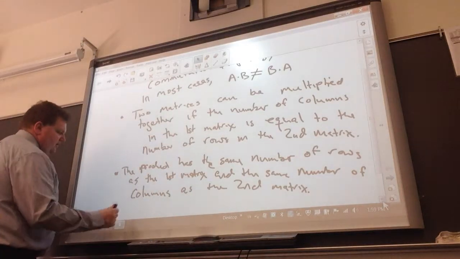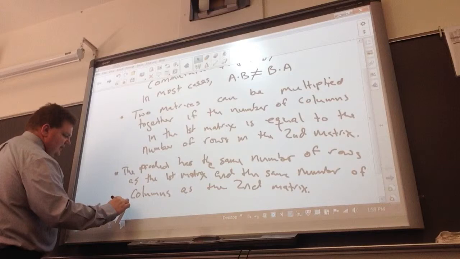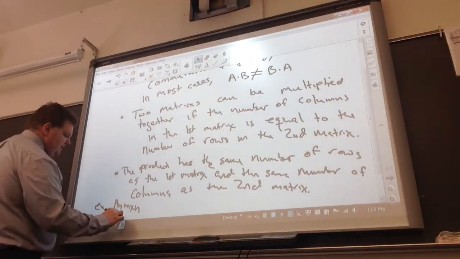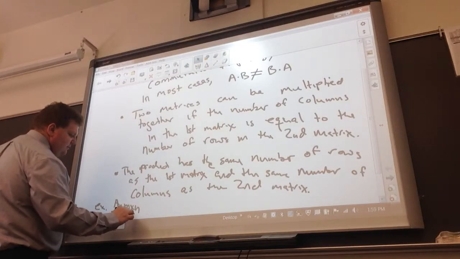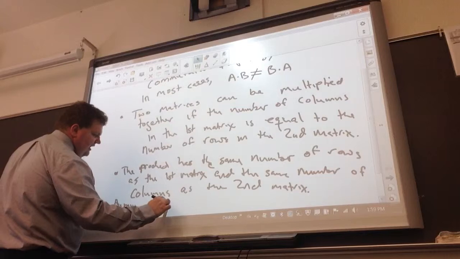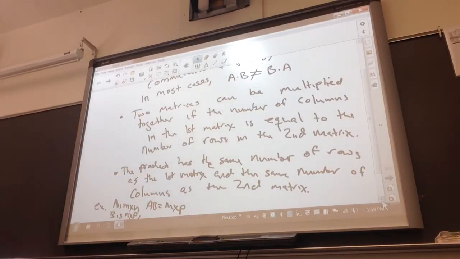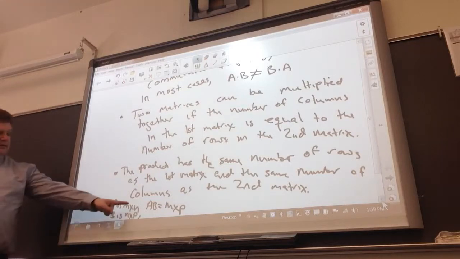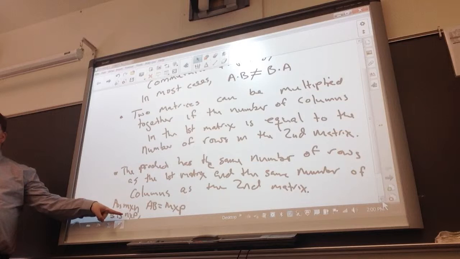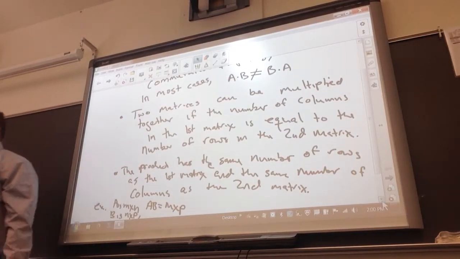So if matrix A is m by n, and B is n by p, then AB is m by p. Any questions there? They can be multiplied together because the number of columns matches the number of rows, and the product has the number of rows of the first, and the number of columns of the second.